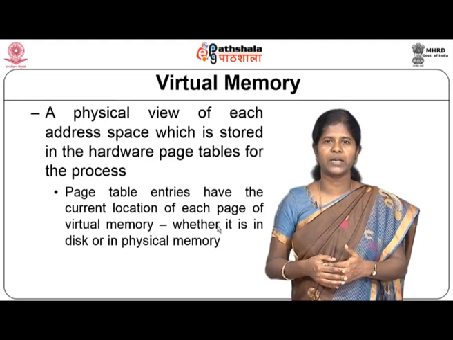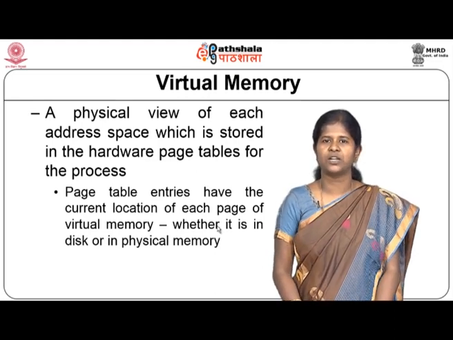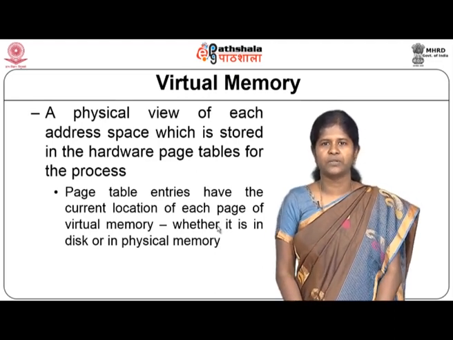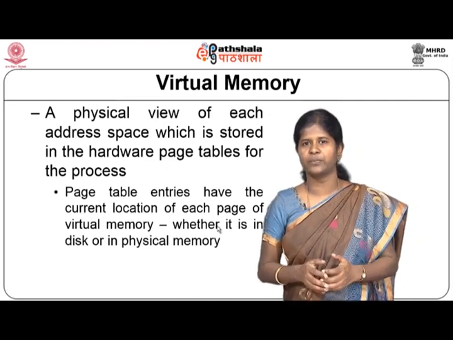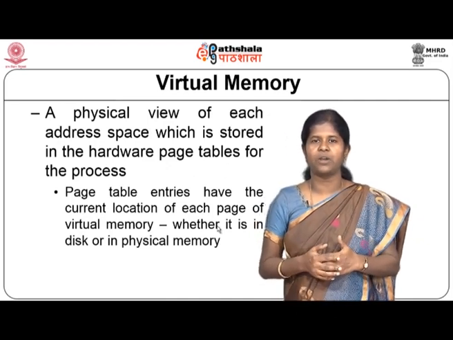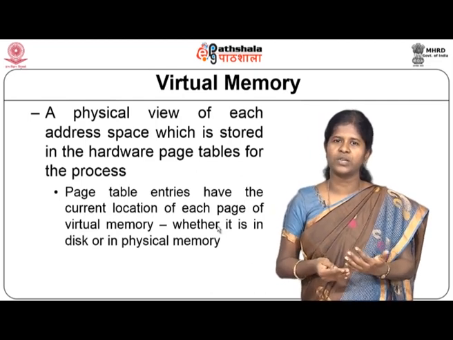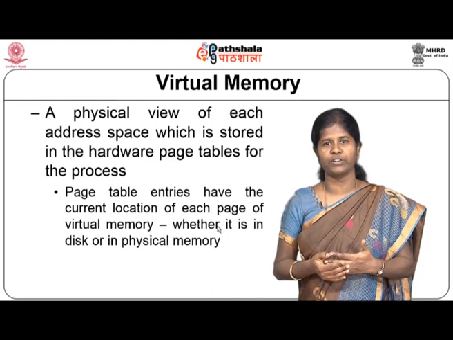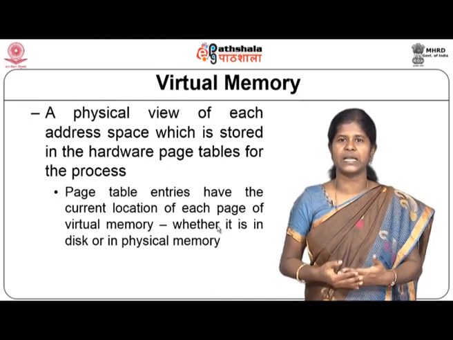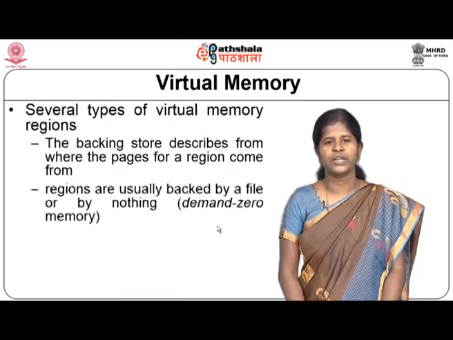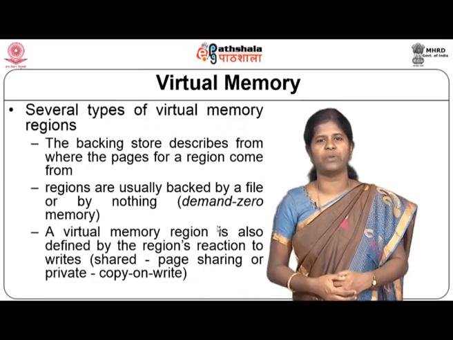Wherever it is being kept, the location is maintained in the page table. So, this view looks at the process as comprising a number of pages. The other view, the logical view, looks at the process as comprising a number of regions like the text, data and stack.